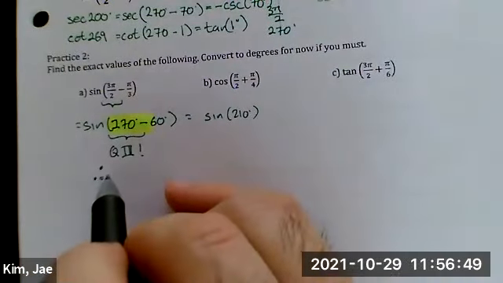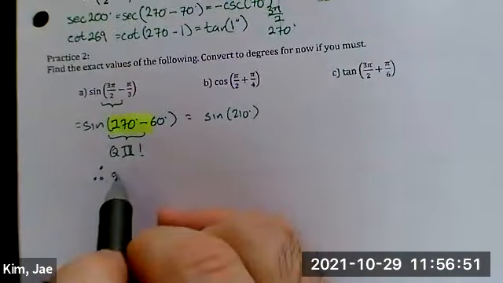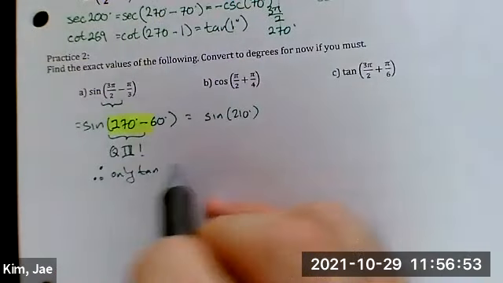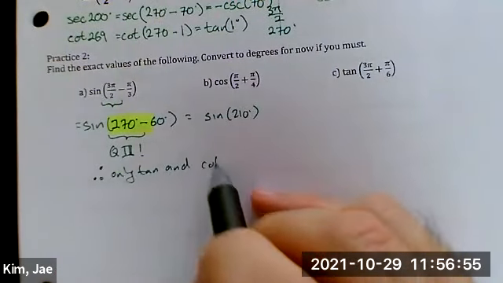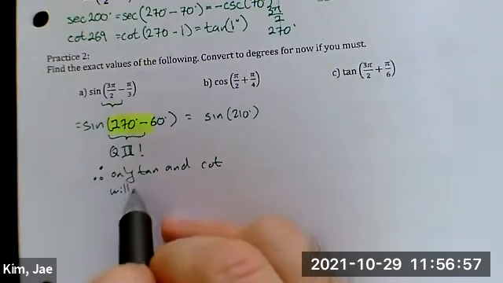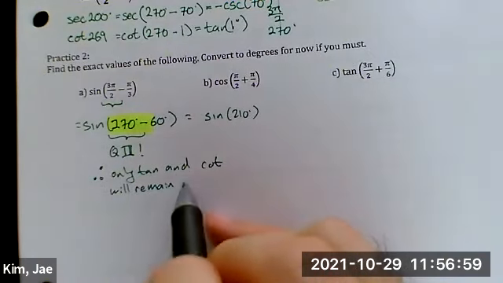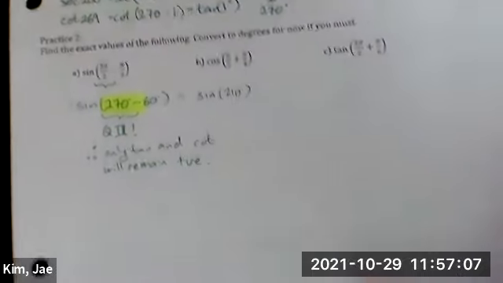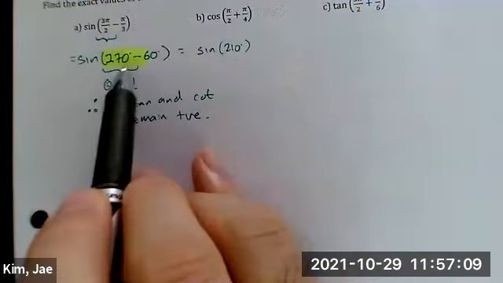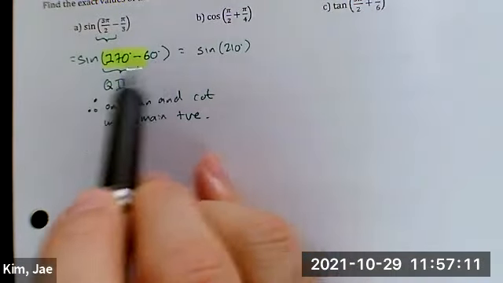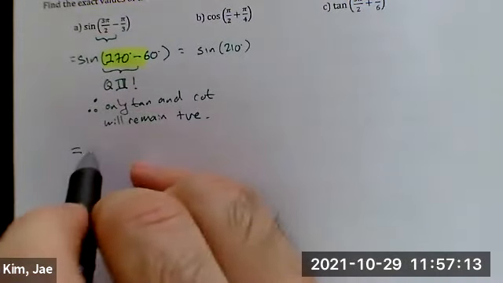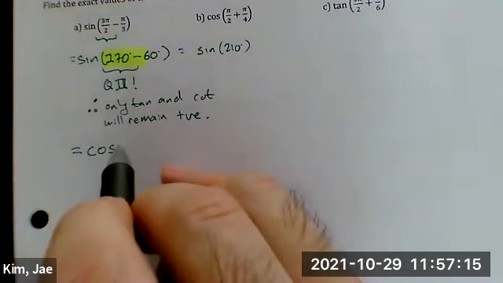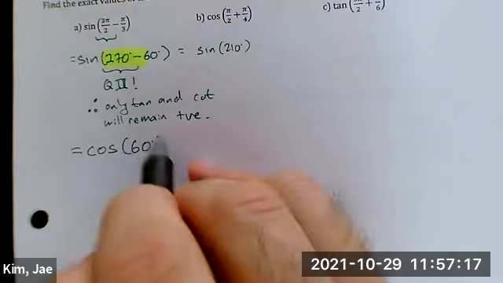Therefore, CAST, only tan and cotangent will remain positive. What does that mean? After we convert, what is it going to turn into? It's going to be a negative. So sine of 270 minus 60 is the same as its correlated ratio at 60 degrees.